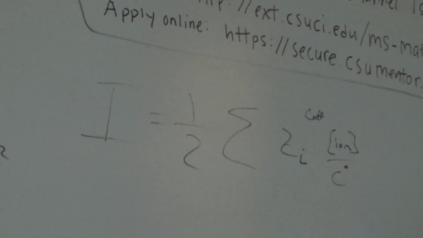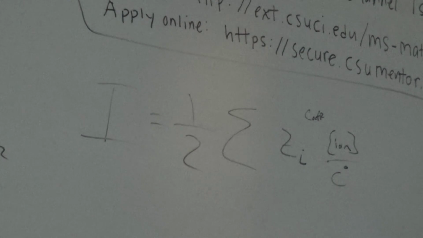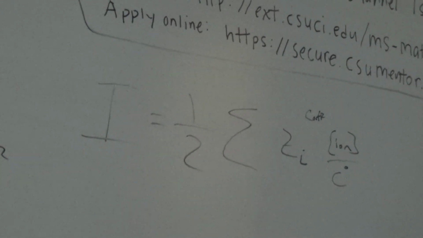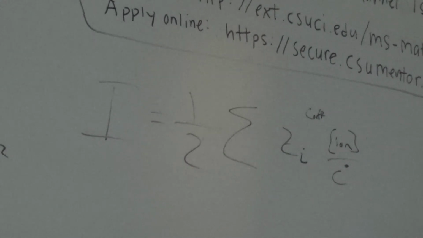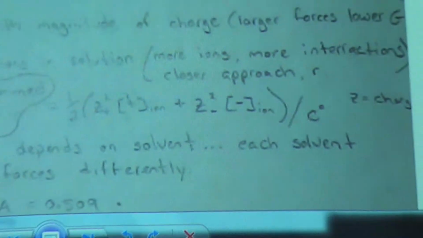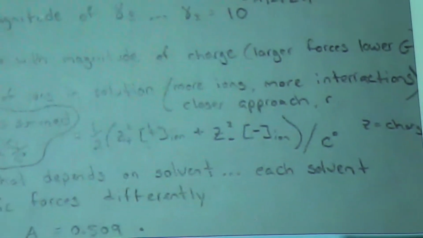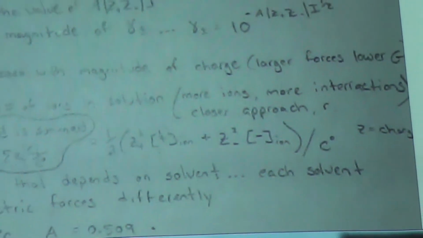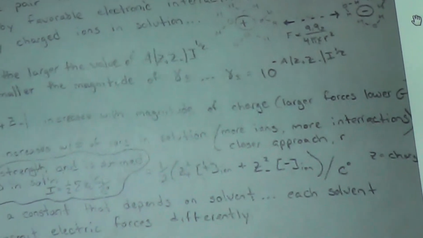The ionic strength is a measure of how many other ions are in solution. And you see that in our equation for the limiting law, the ionic strength decreases the magnitude. As ionic strength grows in size, the magnitude of gamma plus minus is going to decrease, right? The larger that ionic strength is, the larger the negative log that you raise 10 to, so therefore the smaller gamma plus minus.